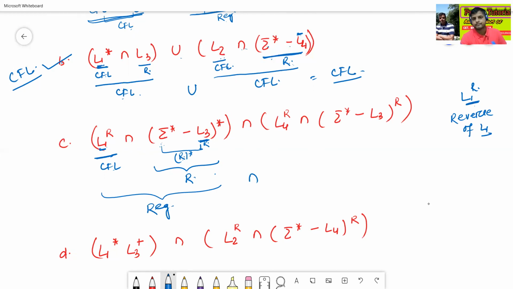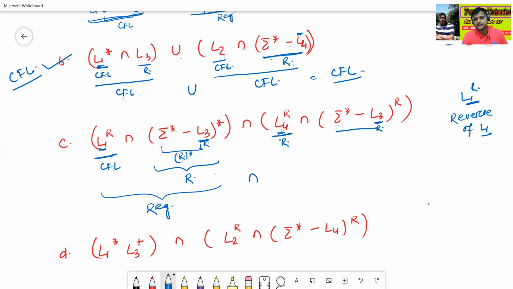So now we'll find L4. L4 is regular. L4R means reverse of L4. Reverse of a regular language is always regular. So this part is completely regular. Now this is the complement of L3. L3 is regular, and the complement of a regular language is always regular.